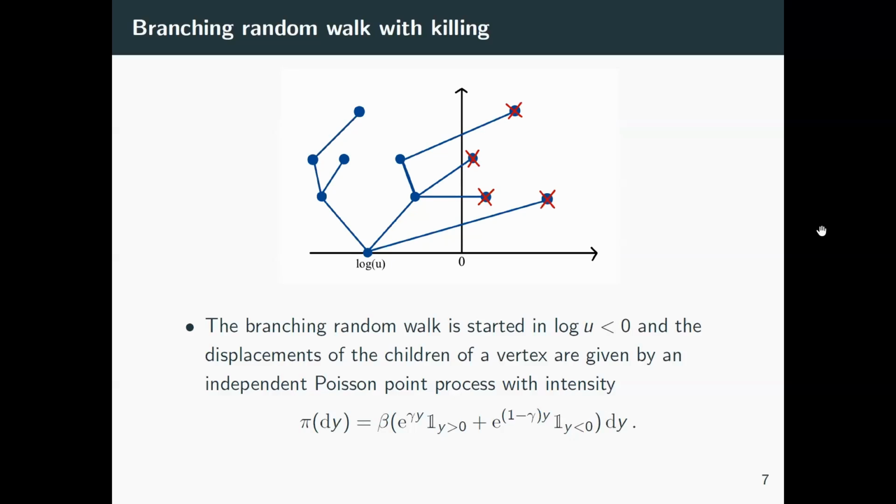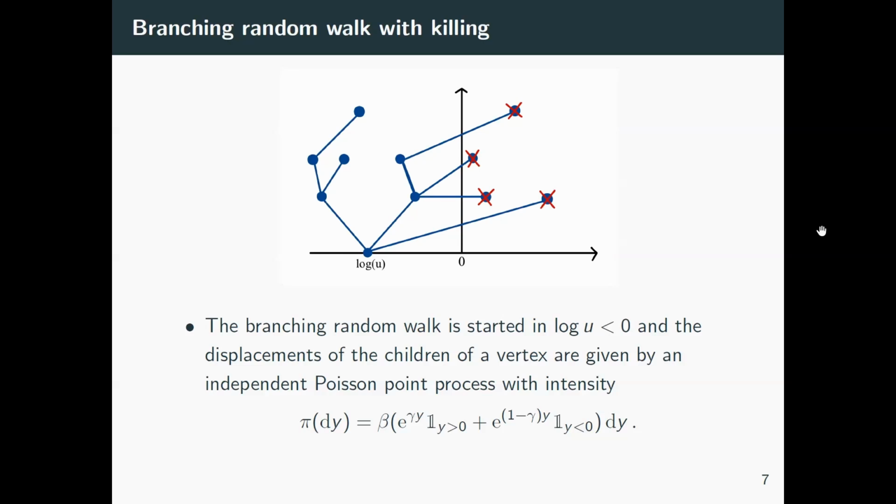This depends. But we're looking at killed branching random walks, and in our case, the killing barrier is 0. If a particle ever gets over the position 0, we kill it, meaning it's not part of this tree anymore, and it's not allowed to produce any offspring.